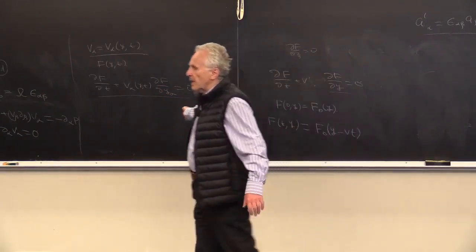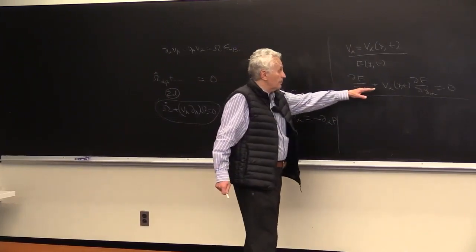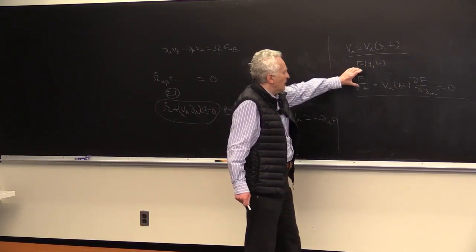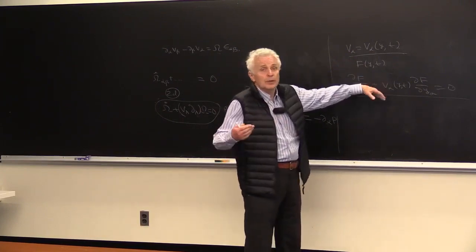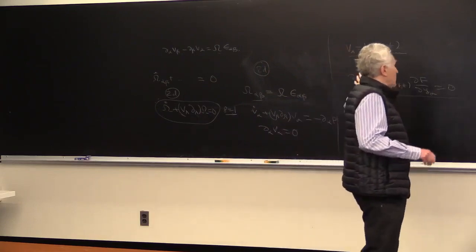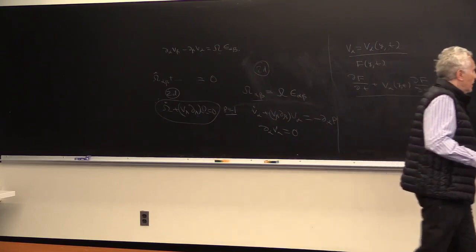Actually, the statement which we will arrive at will be that you can reduce solving this partial differential equation to solving an ordinary differential equation. And in many cases, this ordinary differential equation is solvable, like it is here.